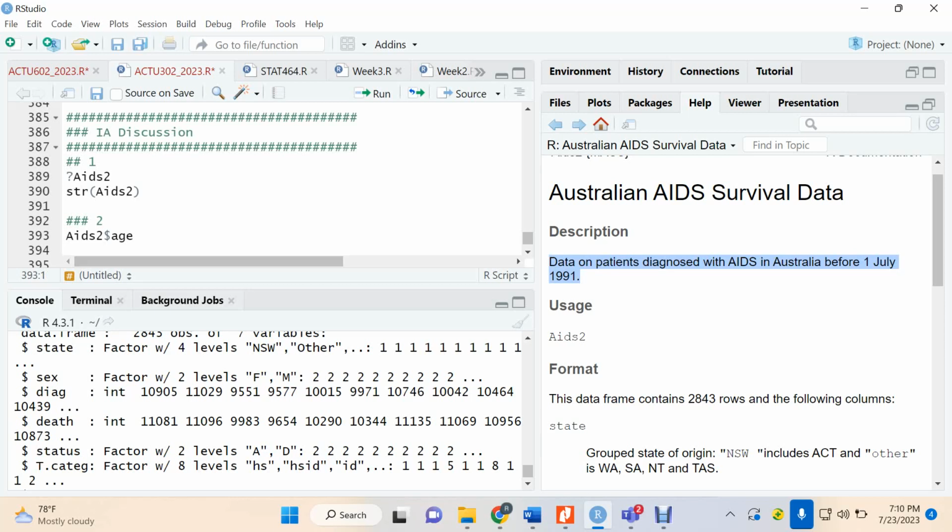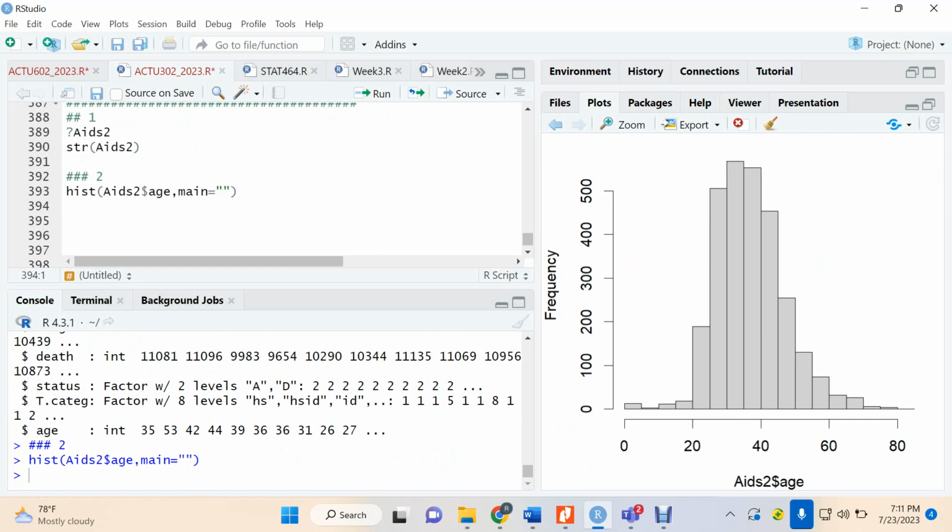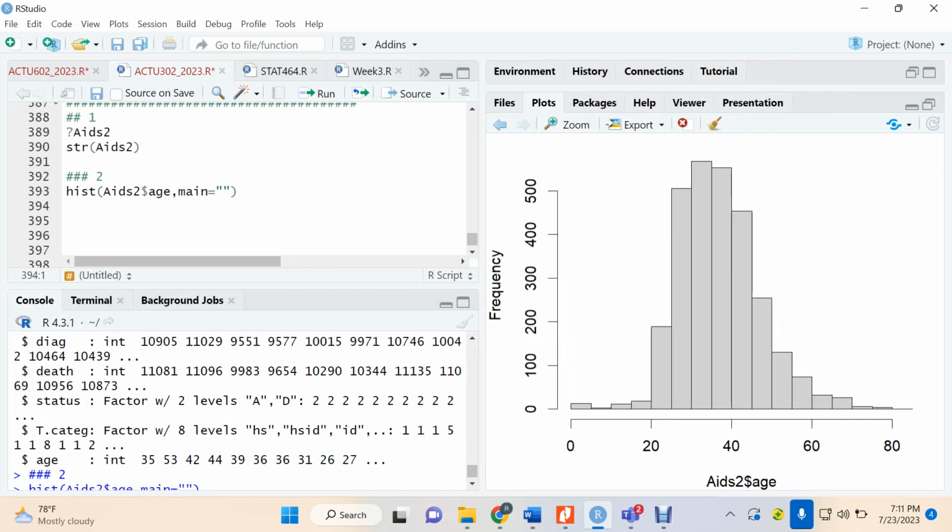So if you like, you do a box plot or maybe a histogram. Most of you were doing the same thing. You do your histogram, it looks like this. You have to label it correctly. You cannot be putting age to age.